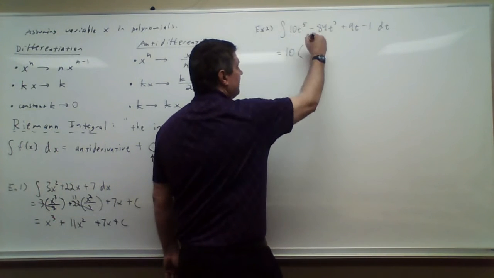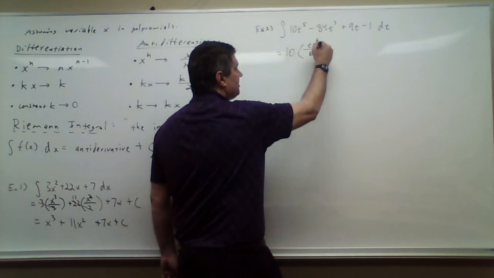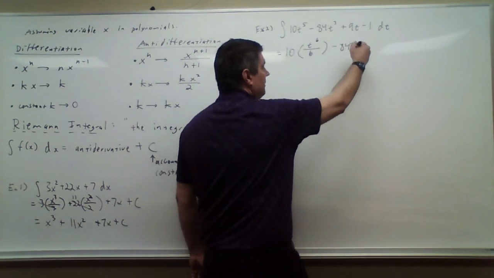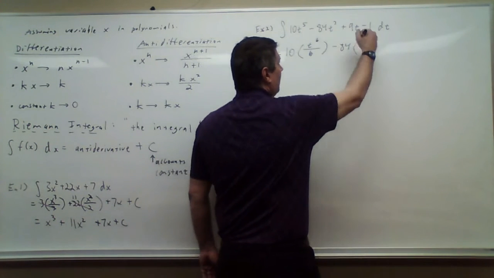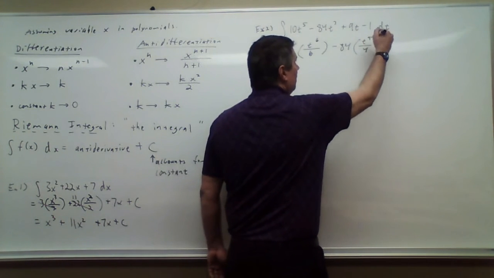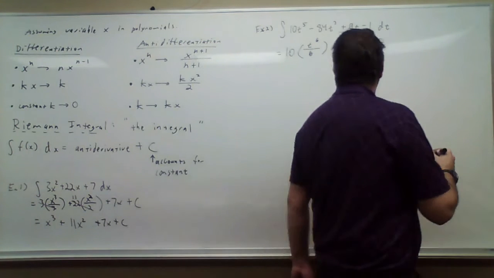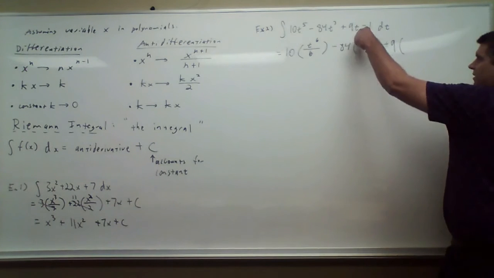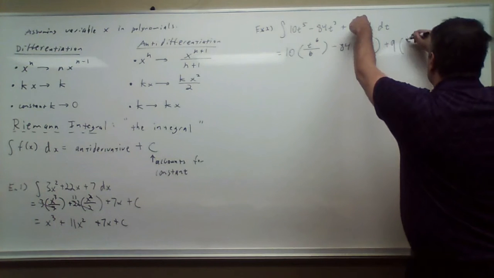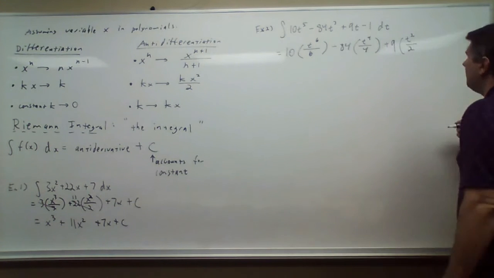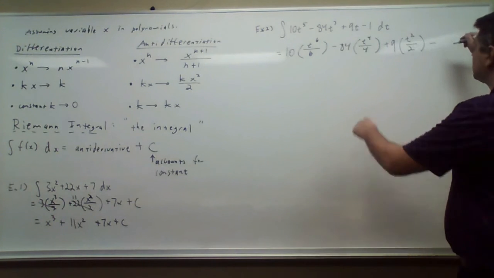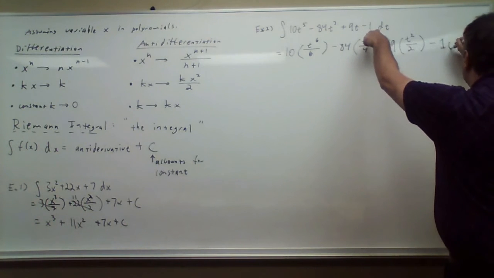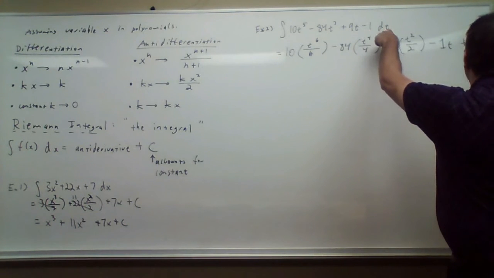So this will be t to the 6th over 6, minus 84. We go up a power, t to the 4th over 4, plus 9. We go up from t to the 1st to t squared, and the new power also goes on the bottom, minus the antiderivative of 1, which will be 1t in this context, and then plus your c.